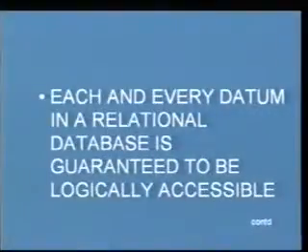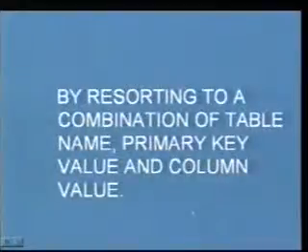Next rule says each and every datum in a relational database is guaranteed to be logically accessible by resorting to a combination of table name, primary key value and column value.